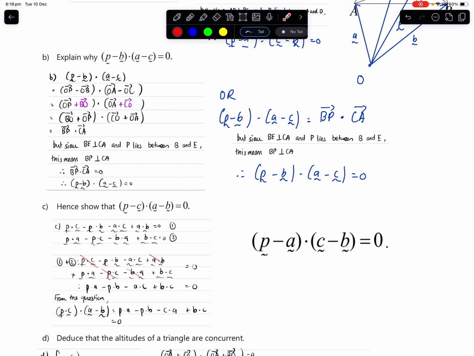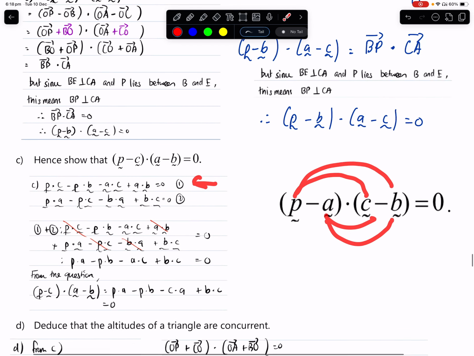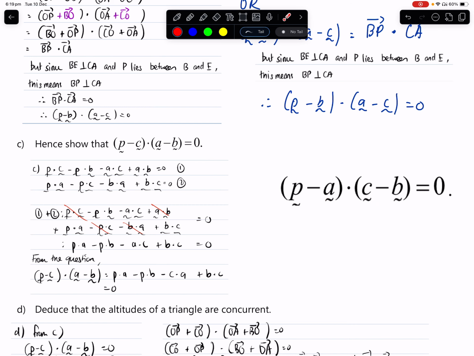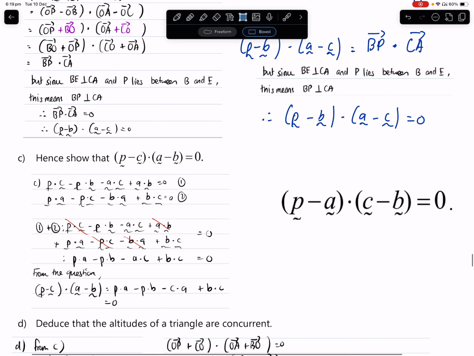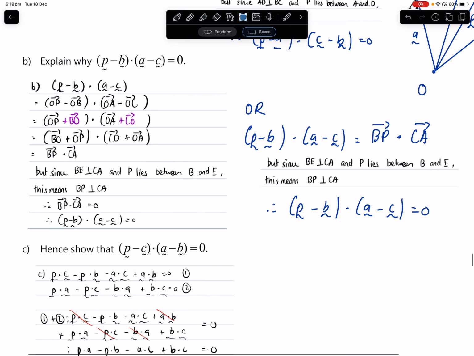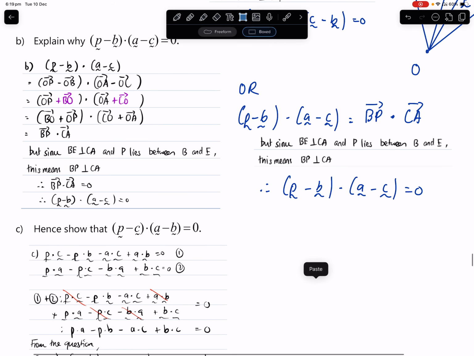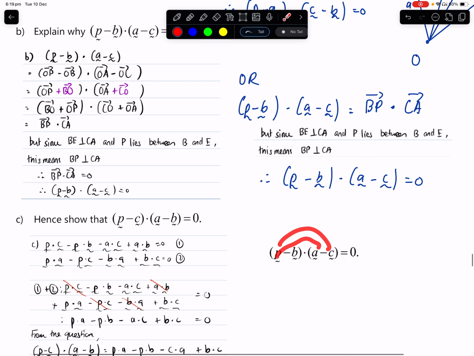If I do that dot product and expand it, it'll give you this result over here. Whereas if I then expand this one from part B, doing this, this, this, and this, that will give this result here as well.